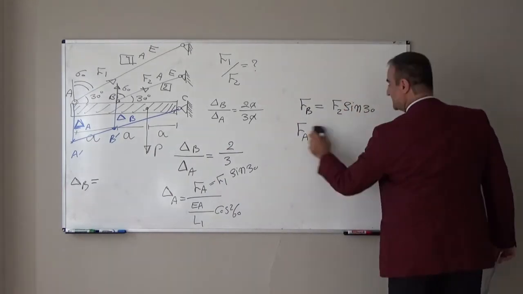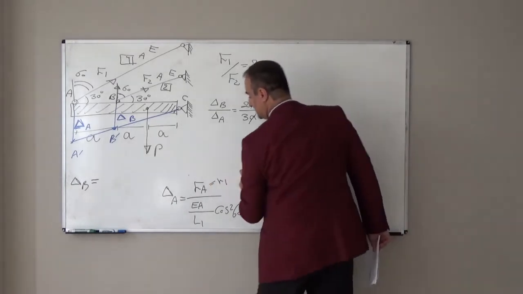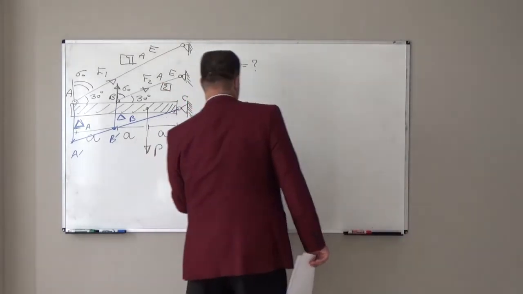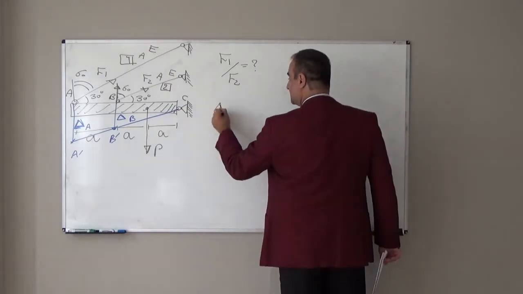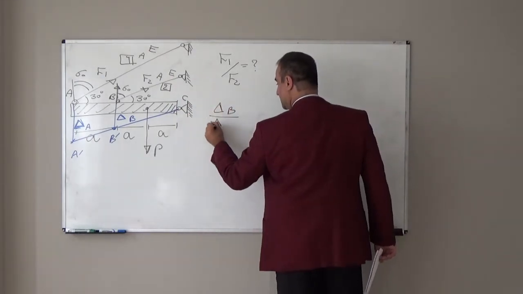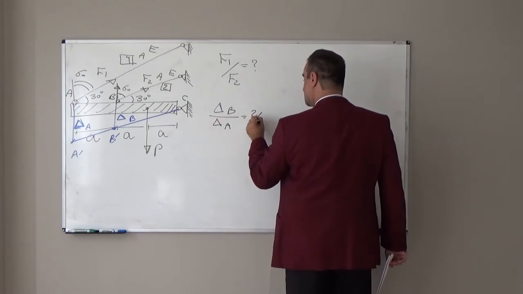Let's rewrite everything here. If I plug in, delta B over delta A is equal to 2 over 3.